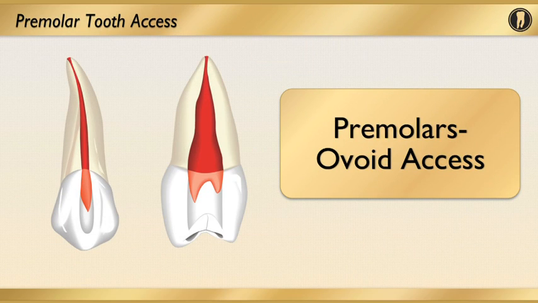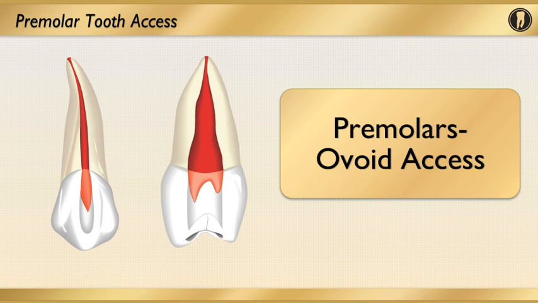Notice again, in premolars, the shape is important so that we can address all of the anatomical realities of the particular tooth we may be treating. In the case of premolars, we understand that we have an ovoid preparation buccolingually. That's necessary to treat the broad nature of the canal space that lies within the coronal chamber of most premolar teeth.